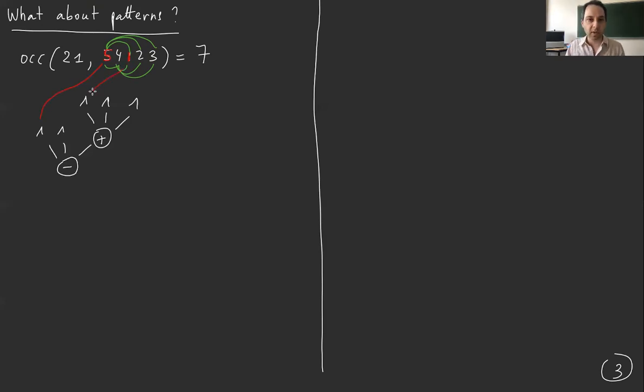And so the fact that there is an inversion between 5 and 1, so between the images of 1 and 3 by the permutation, just means that the subtree induced by these two leaves encodes the pattern 2, 1, which is the case because this subtree is only reduced to this binary tree with 2 leaves, which encodes the pattern 2, 1, because you have a minus.